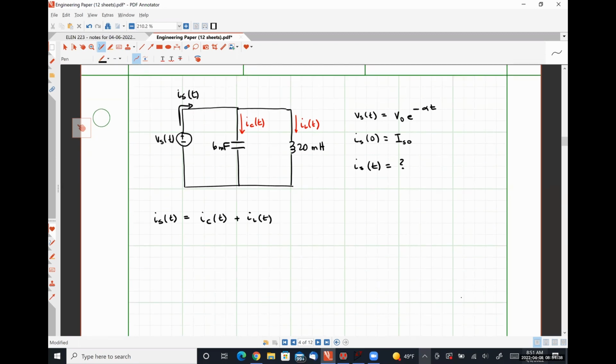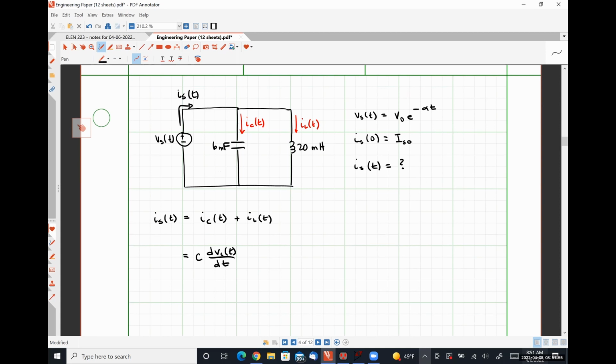Well, we know that our capacitor current is C times the derivative of our capacitor voltage.